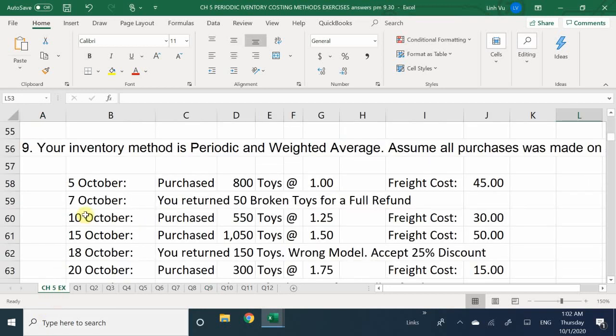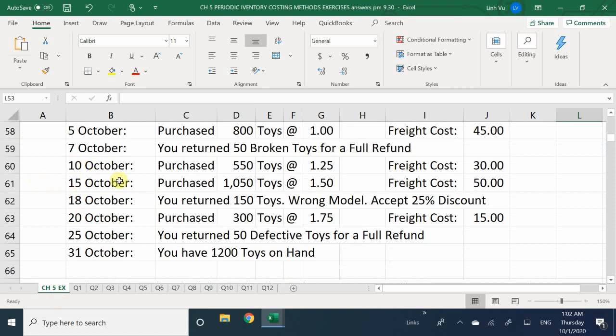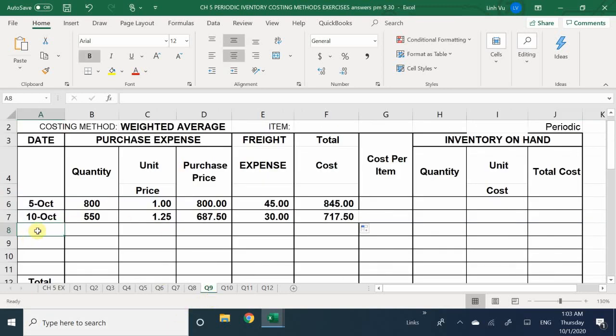Then on October 15, we purchased 1050 toys for $1.50 each with the freight of $50. So on 10/15, we bought 1050 at $1.50 with a freight of $50.